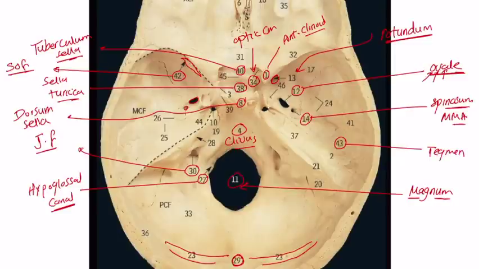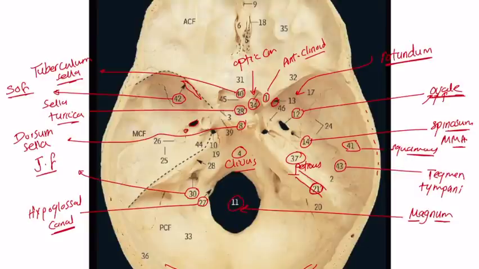It's an important structure as well because this is where infection from the middle ear, which lies just below it, can spread to the brain. 41, this is the temporal bone, the squamous part of the temporal bone. 37 is the petrous part of the temporal bone, and this is obviously the superior border of the petrous part, and this looks like an impression in here, so that's an impression for the superior petrosal sinus.